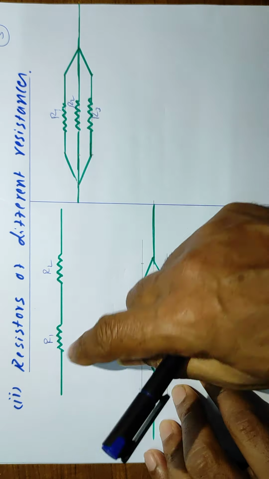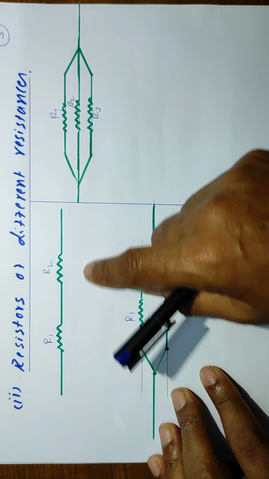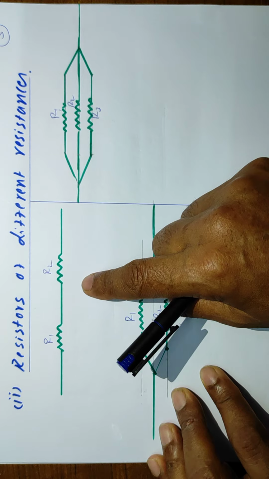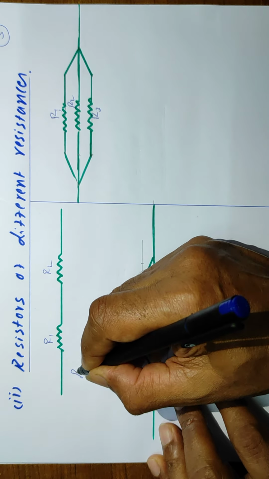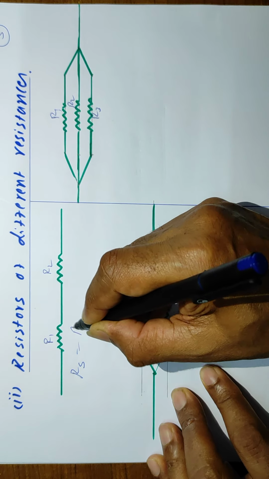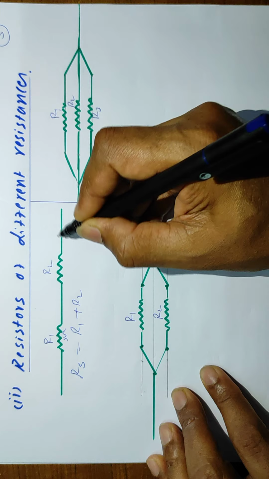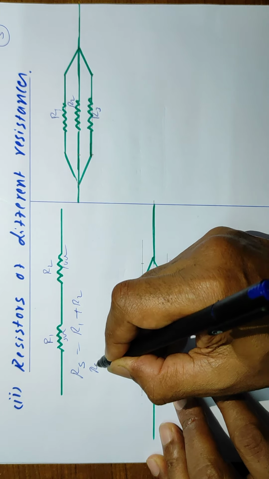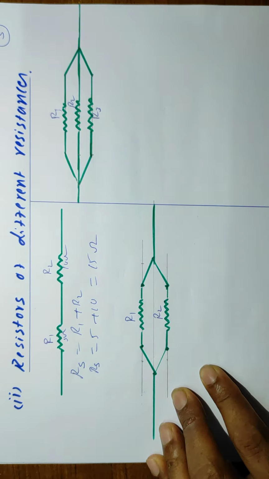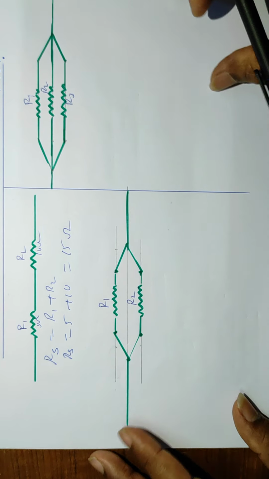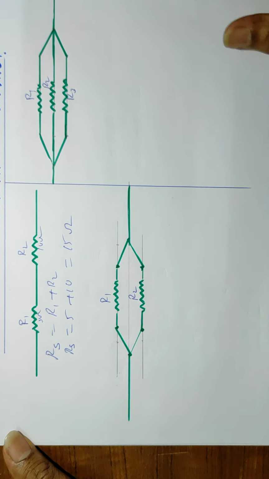Students, you know, when the resistors are connected in series, the equivalent resistance of the series combination is equal to sum of the individual resistances. So Rs is equal to R1 plus R2. That's all. If it is 5 ohm and this is 10 ohm, so Rs is equal to 5 plus 10, 15 ohm. So this is when the resistors are connected in series.